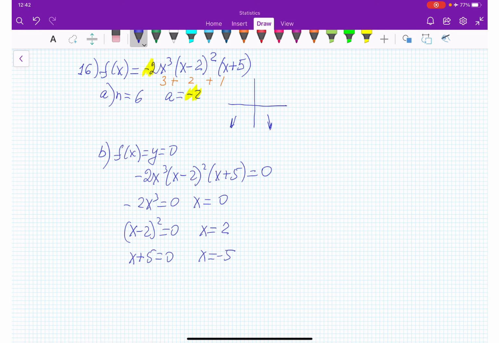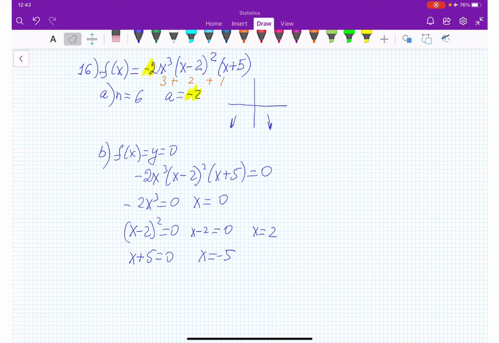Now here I can just put x minus 2 equal to 0. I don't know why I put this parenthesis, I can take it off. And from here, only x is equal to 2.